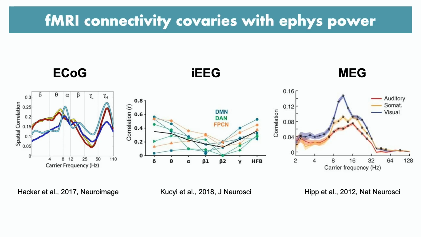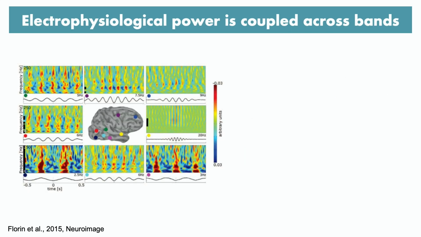And there's one big problem that these studies can't get around, and that's the fact that these frequencies are all intertwined. They're nested within each other, and their powers co-vary. What I'm showing here is an example from MEG recordings, and each panel is a different region in the brain, showing how power across different frequencies is locked to the phase of the slow oscillation.